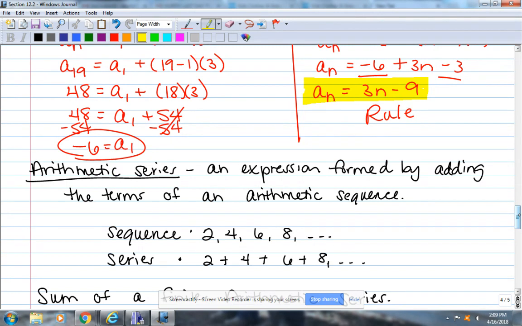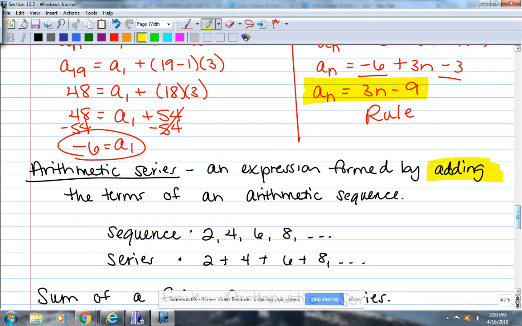A series you get when you add all the terms together. So you're wanting a sum of all your terms. So an arithmetic series is when you add all your terms in an arithmetic sequence.